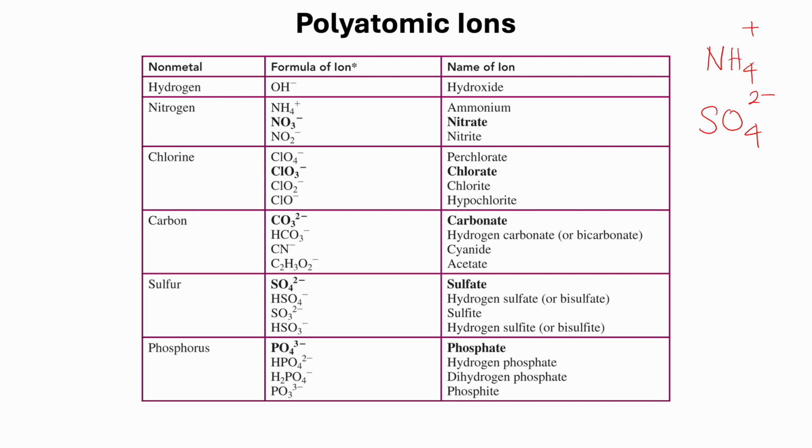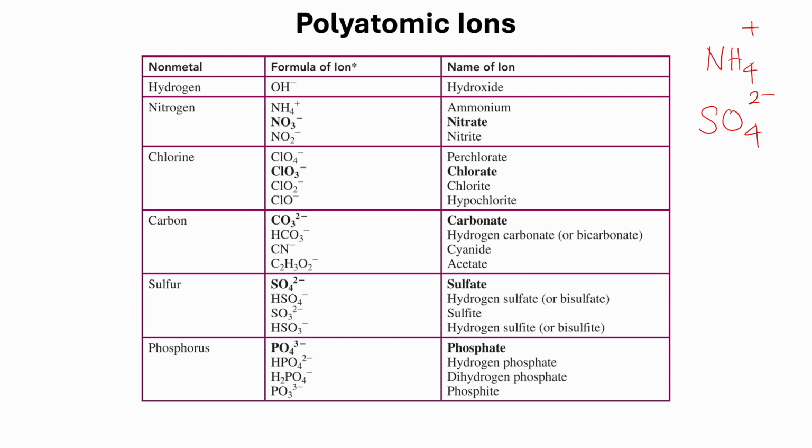You will often see them in ionic compounds paired with metals or other ions. Do not break these polyatomic ions apart when writing formulas. They stay as a unit. We use parentheses when more than one of the same polyatomic ion is needed in the formula.